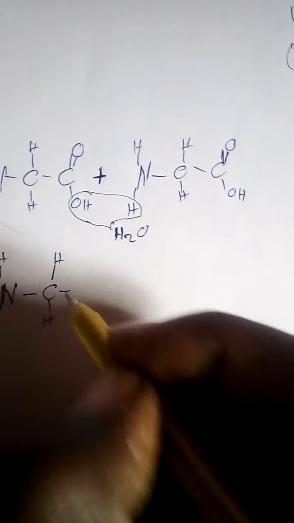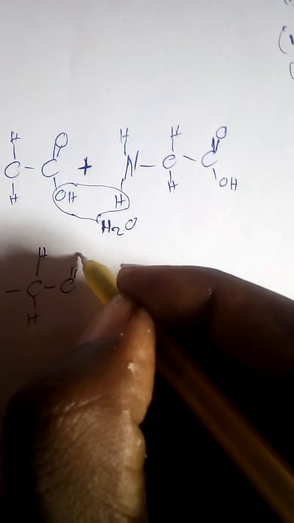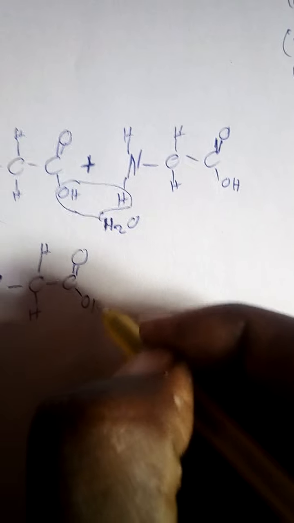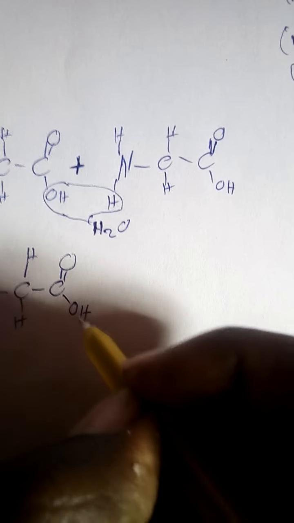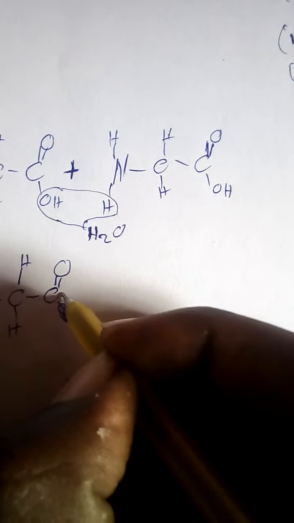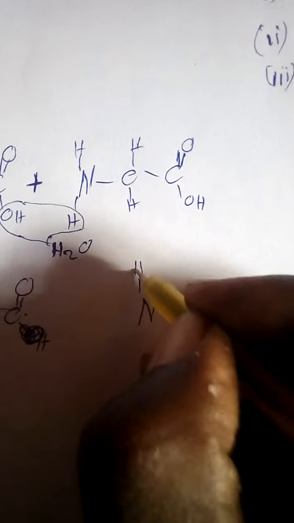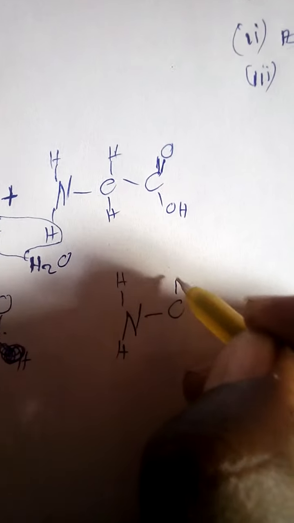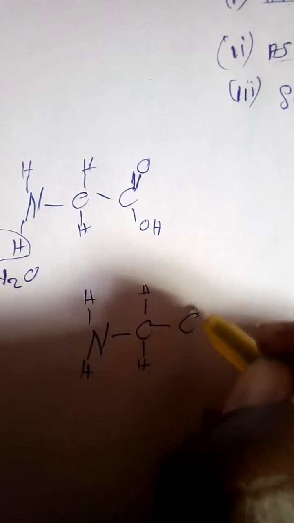So you have to know these structures, in case you are asked to illustrate how a polypeptide is made. Sorry, this is gone. Let me just restart. It will look like this. Then I've got another NH, and this is the carboxyl.